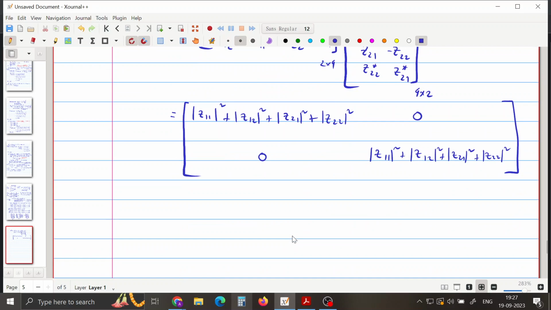We are undoing the effect of the channel here. So Z Hermitian Z, we just calculated that. We got a diagonal matrix times S plus Z Hermitian times your eta vector, right?